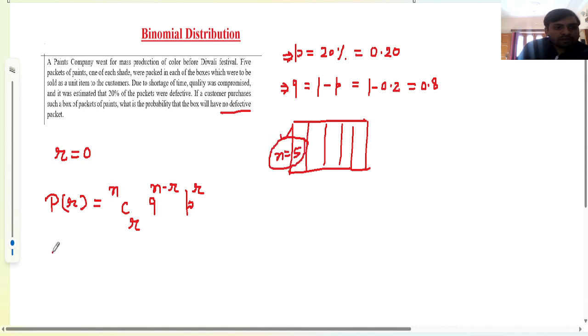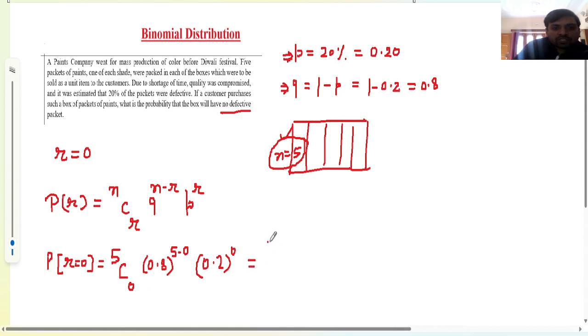So to find the probability for R equals 0, this means the probability of no defect. n is 5 packets, C, R equals 0 defect, out of 5 packets, no defective packet. And Q equals 0.8 for this case. And this is n minus R, so this is 5 minus 0, and P equals 0.2, raised to the power 0 because R equals 0.